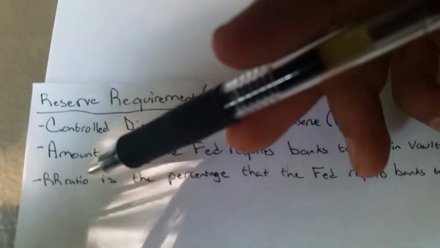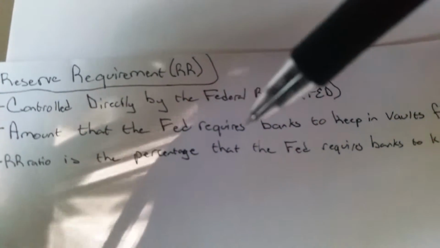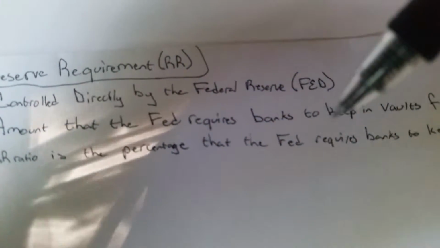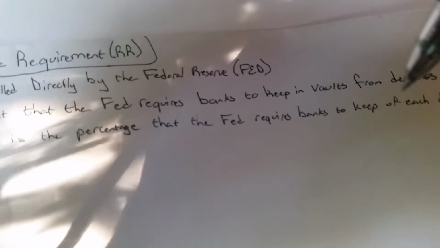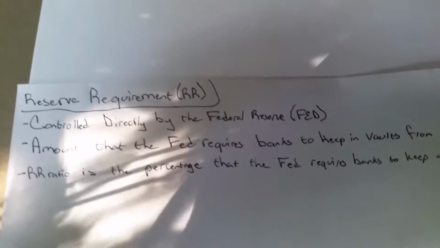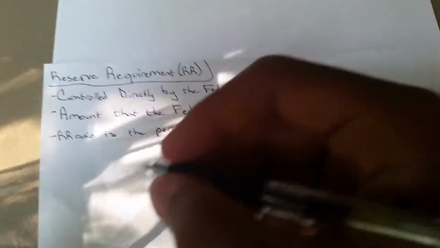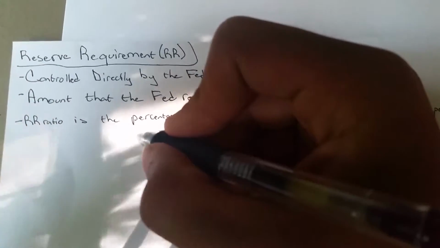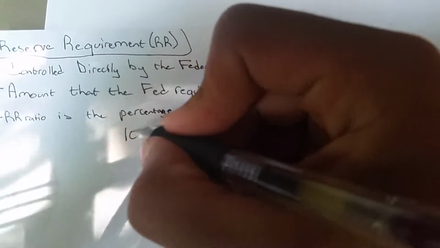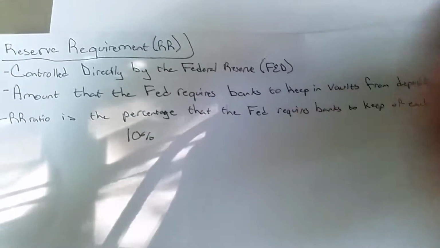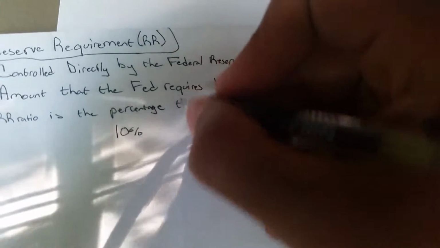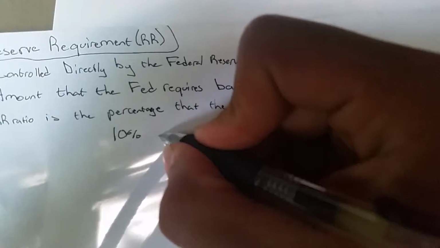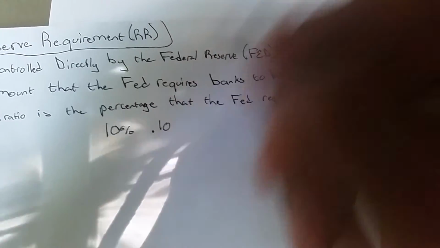The RR ratio is just a percentage that the Fed requires all banks to keep. Typically, the reserve requirement in the United States is just 10%, and the ratio would look like 0.10.